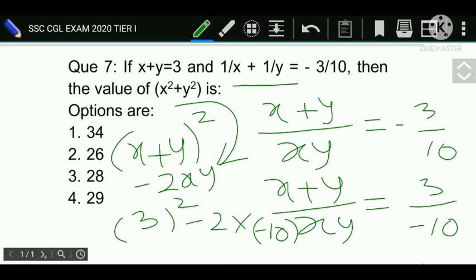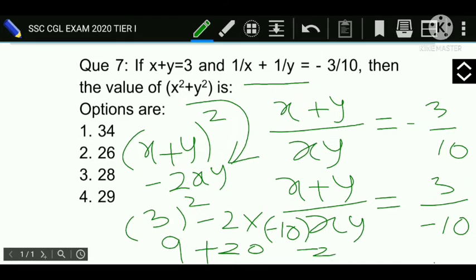Square of 3 minus 2 into minus 10. Minus minus plus, that will make 20, and 3 3s are 9. So 20 plus 9, 29. So the correct option is 29, option number 4.